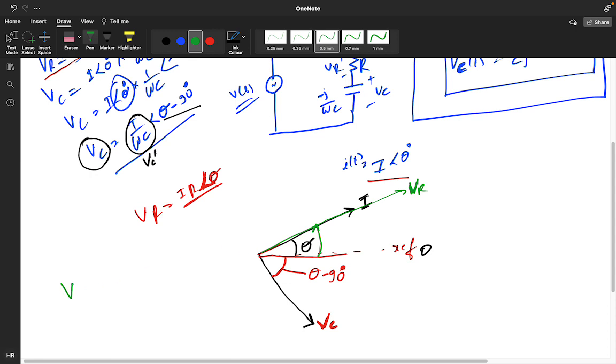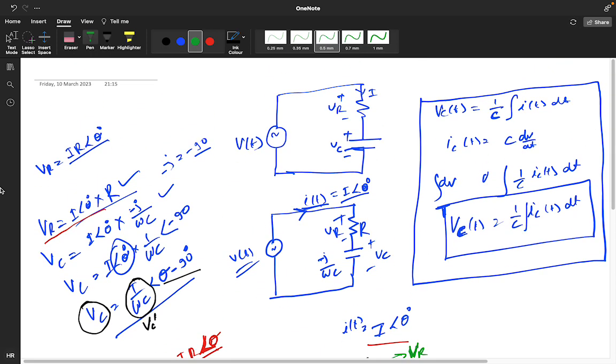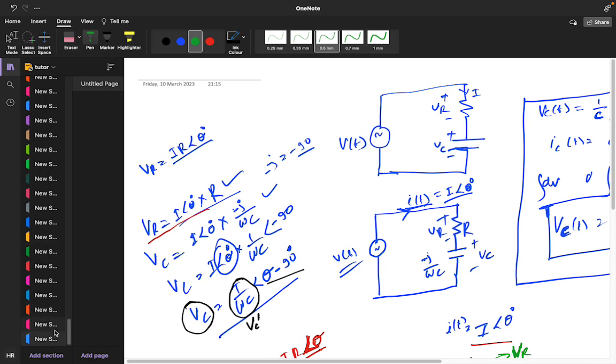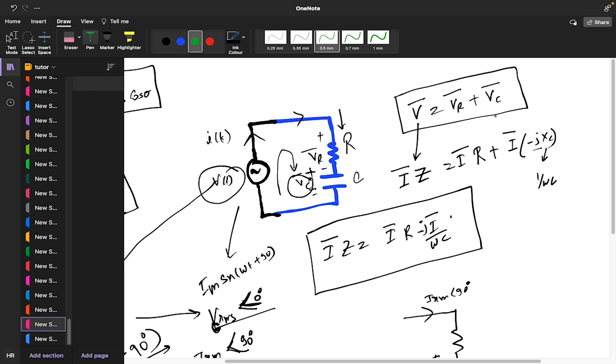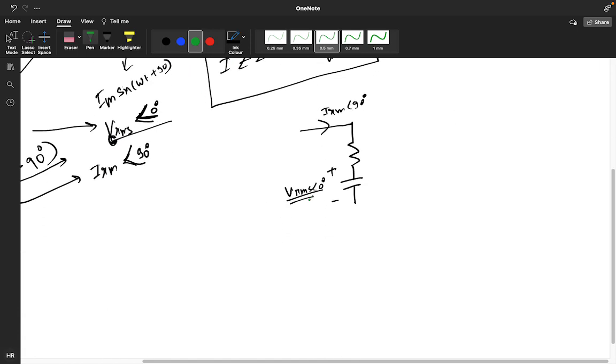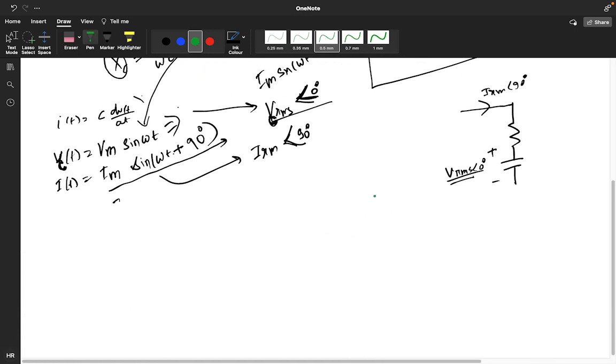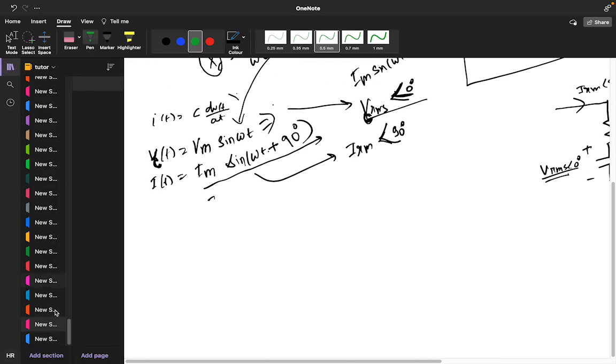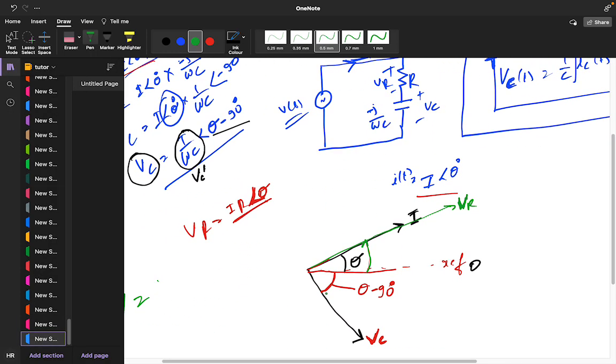What is the overall V? Overall V is VR plus VC.